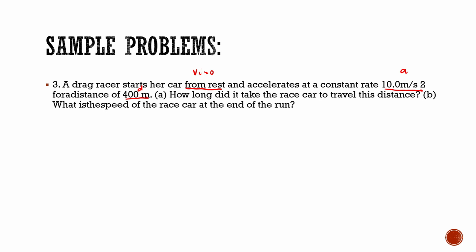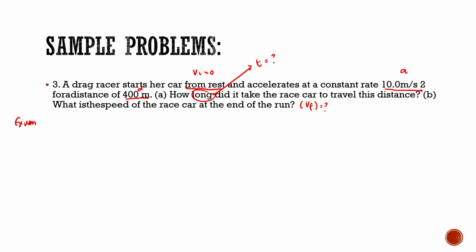When it says how long, this pertains to your time. And what is the speed of the race car at the end of the run? So you are looking here for the final velocity. Let's write the given.